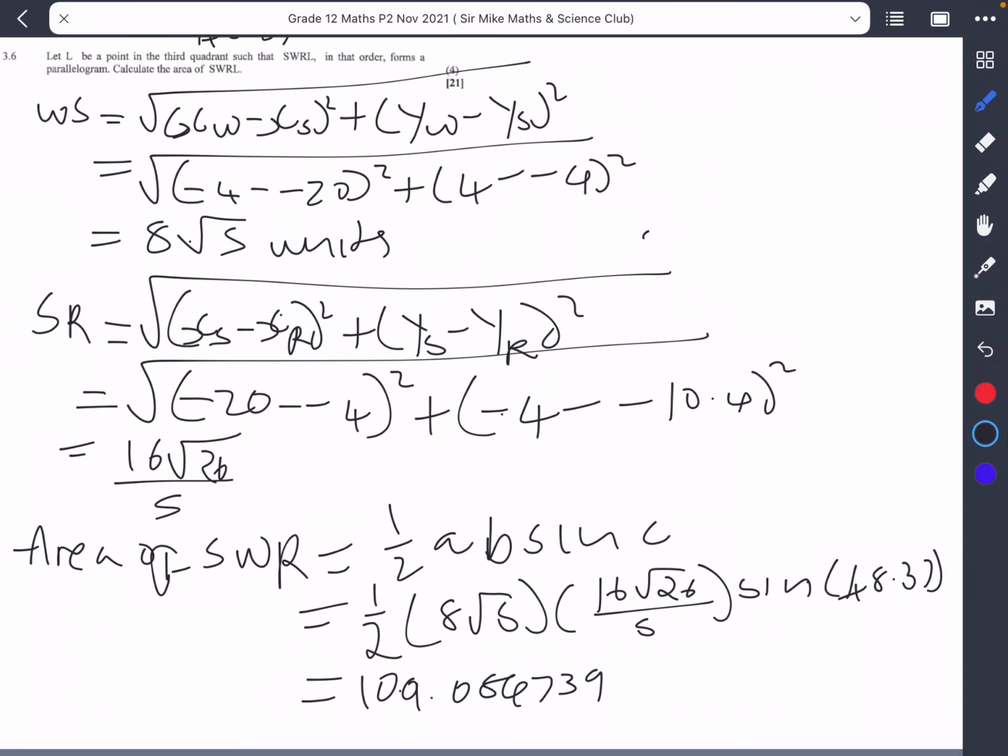So what I would do to calculate the area of that parallelogram, remember we said that the parallelogram is cut in half. If I find the area of the other triangle, it will simply be the same. So the area of the parallelogram SWRL is simply equal to 2 multiplied by 109.084739.